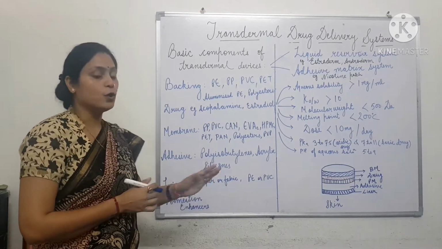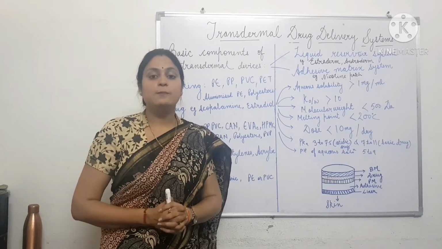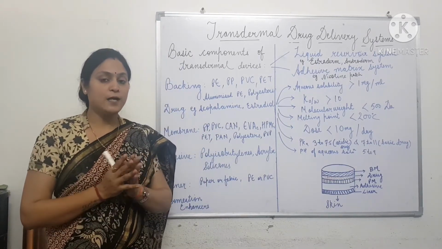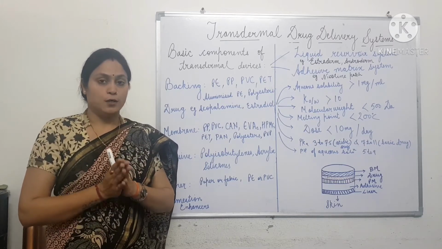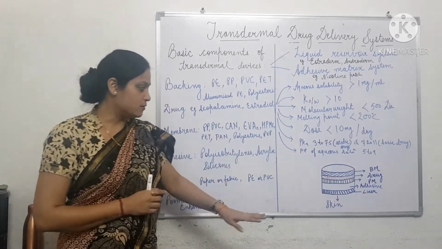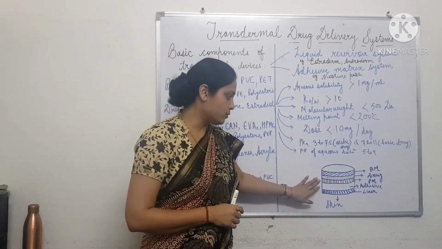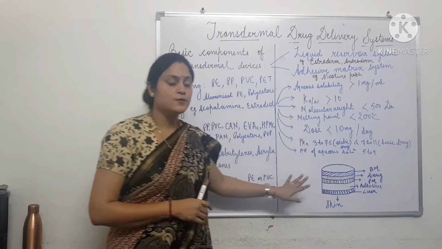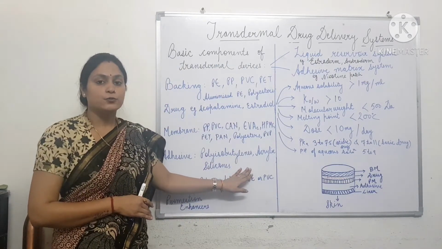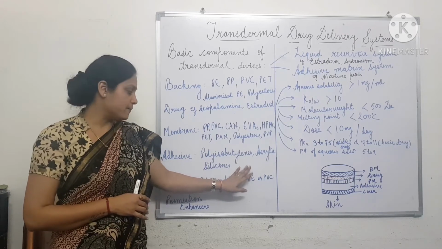These adhesives should also be compatible with the drug molecule and other excipients, and they should not interfere with the release rate of the drug, because drug release rate is controlled with the help of the polymeric membrane. So these adhesives should not affect the release or permeability of the drug through the patch into the skin.